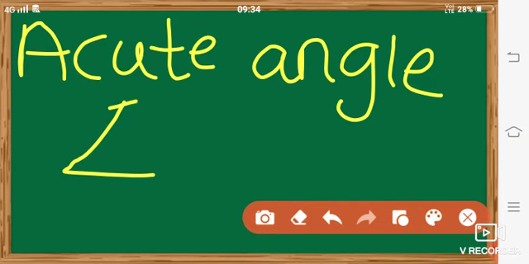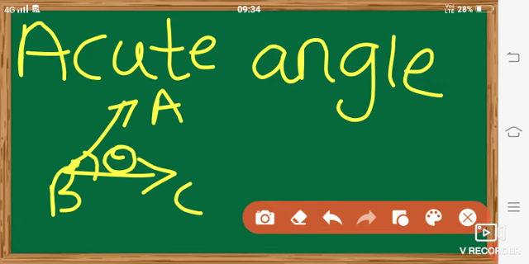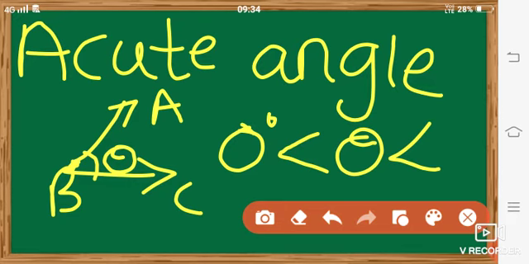If we take an angle, this angle is theta, angle ABC. This value is greater than 0 degrees and less than 90 degrees. That means here we have an acute angle.